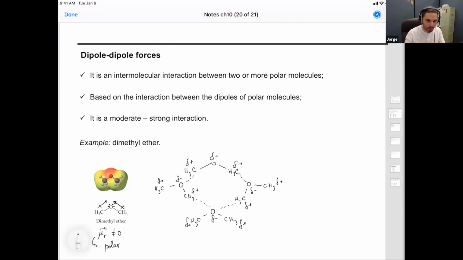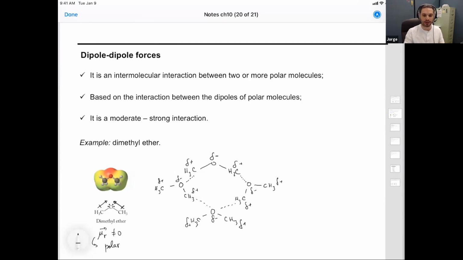Okay, so remember that dipole-dipole forces will exist when we have the interaction between two or more polar molecules. And this interaction is based on the dipole moments of the molecule.